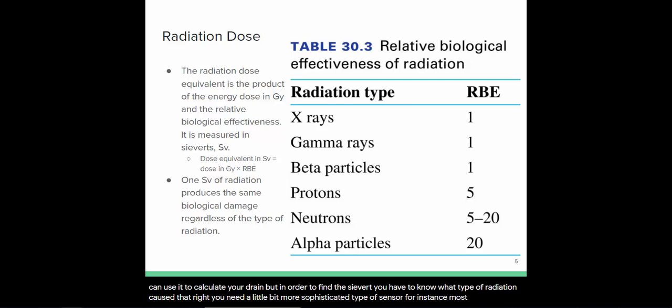For instance, most Geiger counters, like the one I had in here weeks ago, cost like $50. But a good one that measures in sieverts is usually like $700 to $800, because there are a lot more things needed to make that happen. Let's just say it that way.